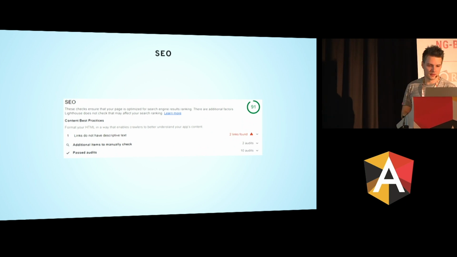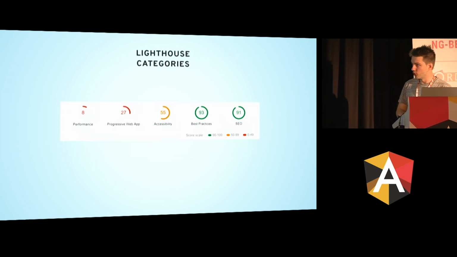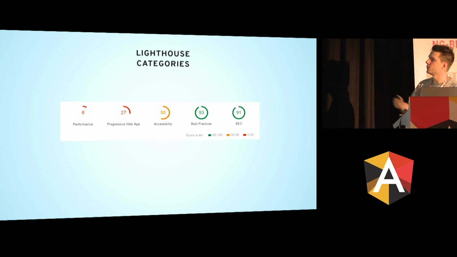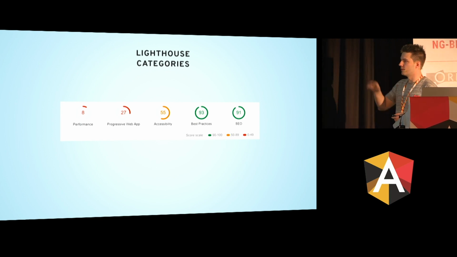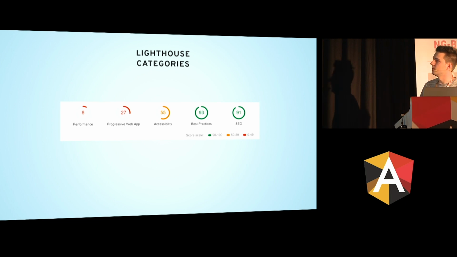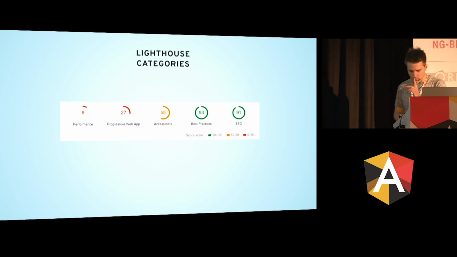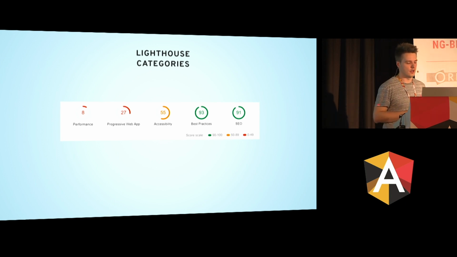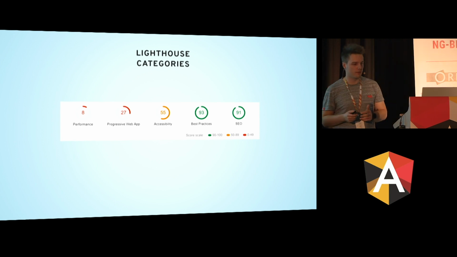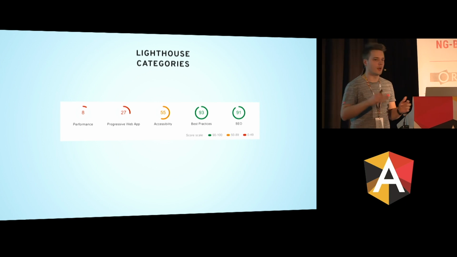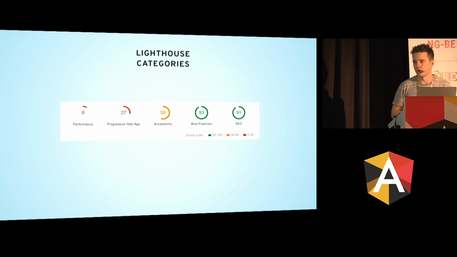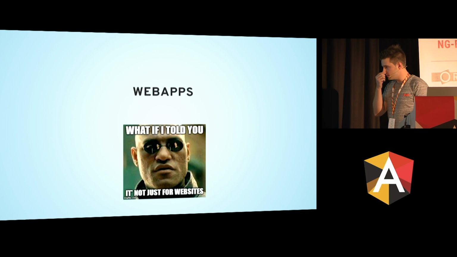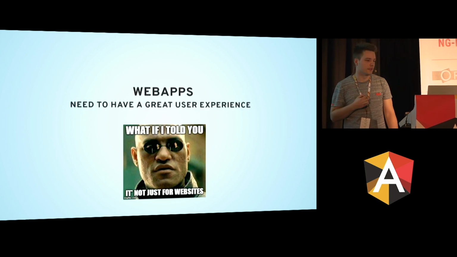So the report again. These are all the categories we have right now: performance, progressive web app, accessibility, best practice and SEO. And the thing that, like I already said before, a lot of app developers, Angular application developers or React developers, they say, my app is private and everyone's on Wi-Fi, everyone has the latest and greatest hardware, but it's not always that way.